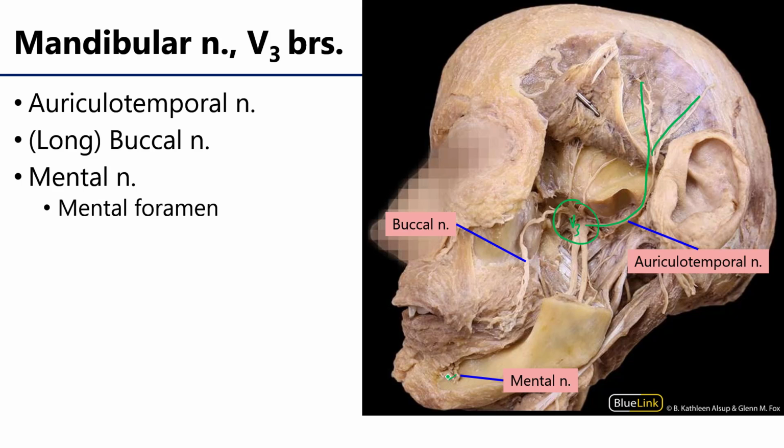We have the mental nerve, which is the terminal nerve of, or branch of the inferior alveolar nerve, which we'll discuss in detail at a later date, that exits the mental foramen to distribute about the mental region or the chin. And we've got the buccal nerve, or the long buccal nerve, which you will have recalled as moving through that buccal space to serve the skin of the lateral cheek. A lot of clinicians refer to this as the long buccal nerve, but it's just the buccal nerve of V3.